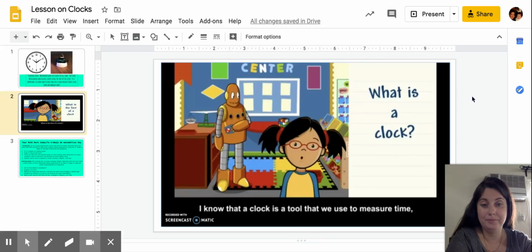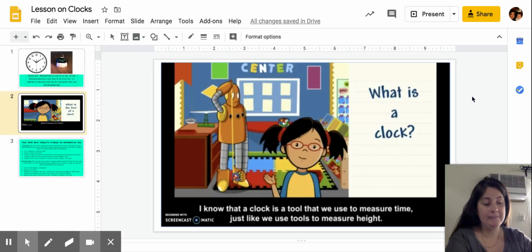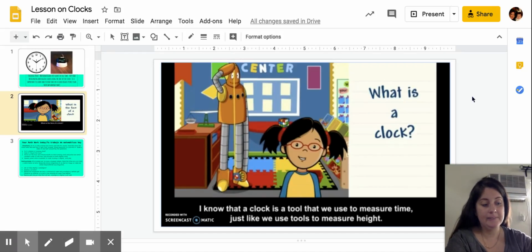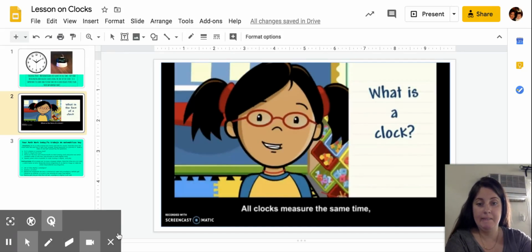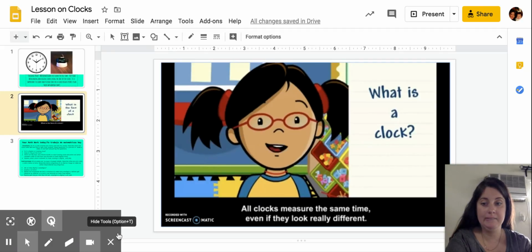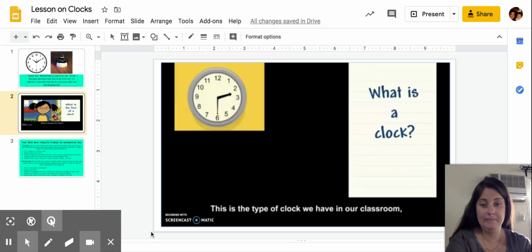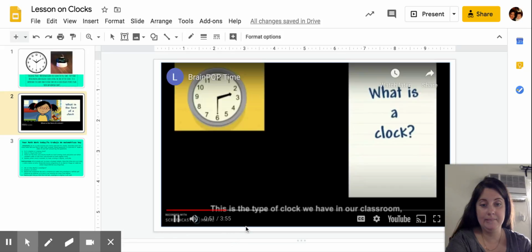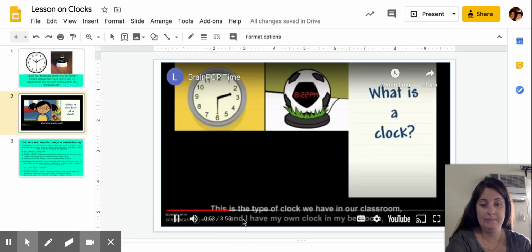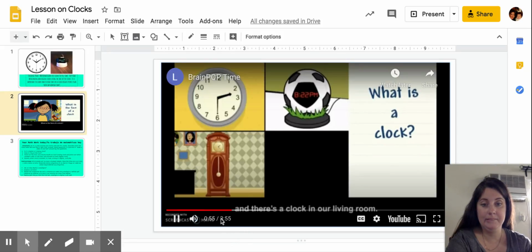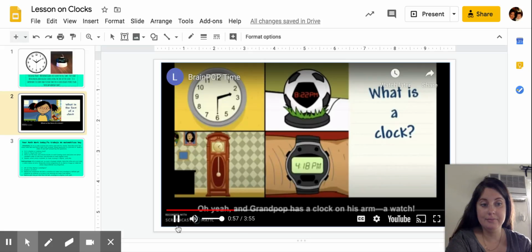I know that a clock is a tool that we use to measure time, just like we use tools to measure height. All clocks measure the same time, even if they look really different. This is the type of clock we have in our classroom, and I have my own clock in my bedroom, and there's a clock in our living room. Oh yeah, and Grandpa has a clock on his arm, a watch.